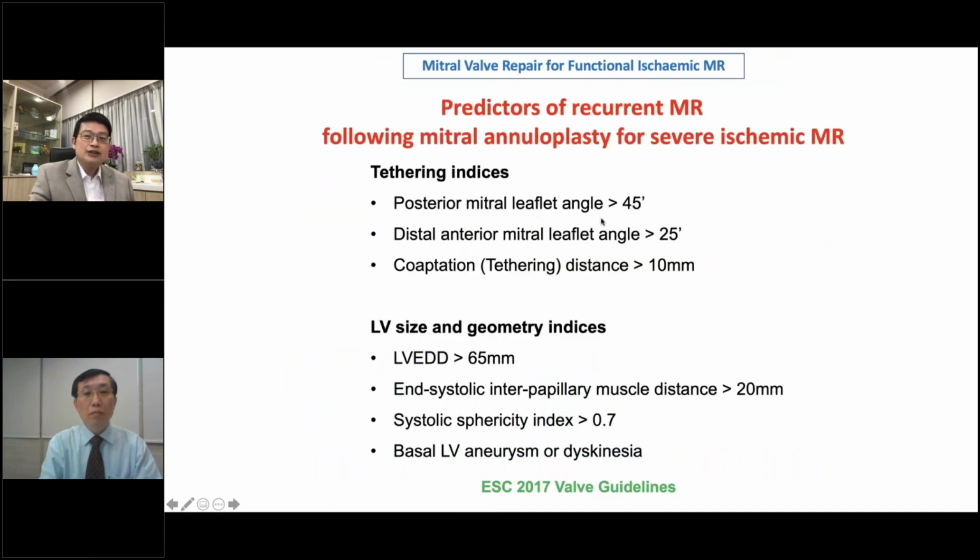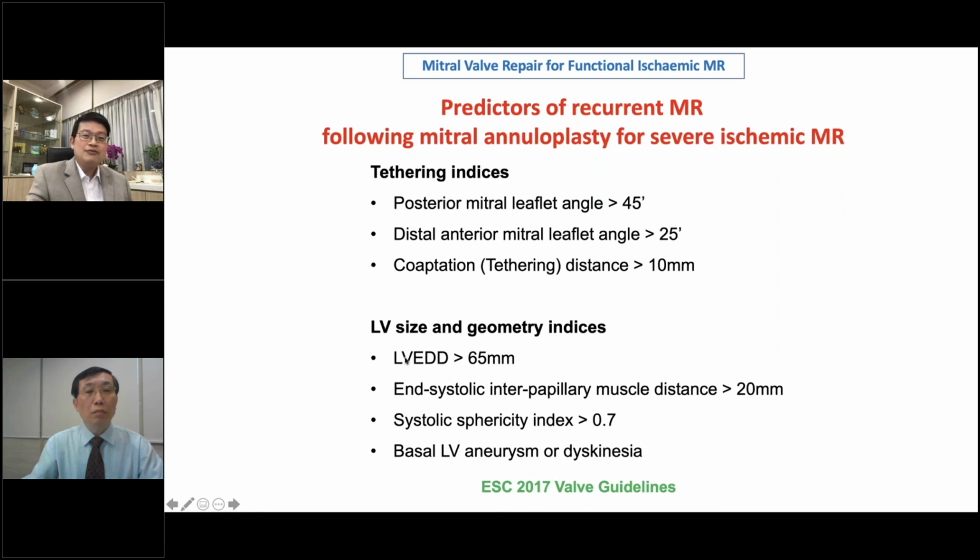The predictors of recurrent mitral regurgitation following mitral annuloplasty for severe ischemic MR are divided into 2 broad categories. The tethering indices, how tethered the leaflets are, and the easiest to measure is the coaptation or tethering distance if it is greater than 10 millimeters.